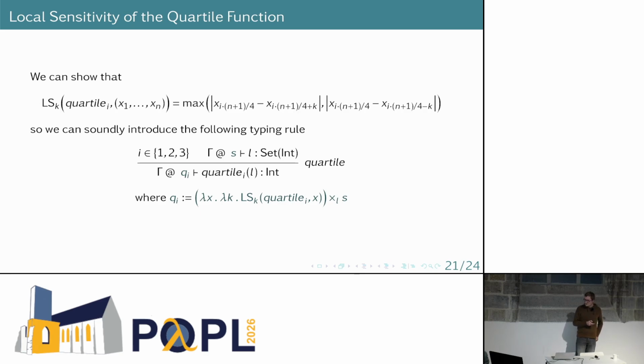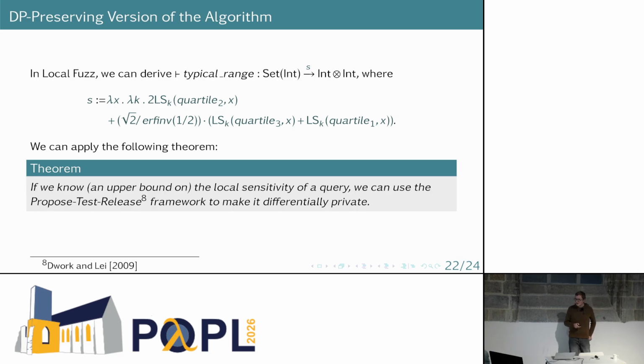And using this rule, what you can derive is that the function I have just written, typical range, is taking a set of integers, giving back a pair of integers, but with some special annotation S, which is a function from the point in the radius to a quantity, which if you take a closer look at it, closely resembles the structure of the program, as you would expect.